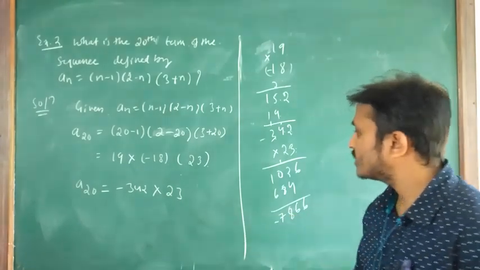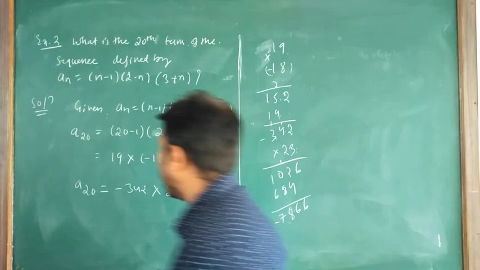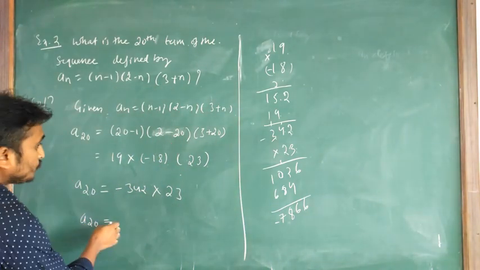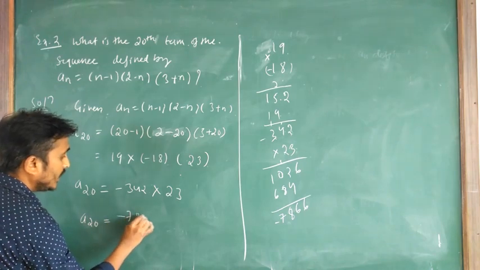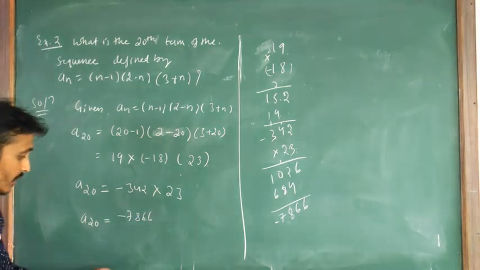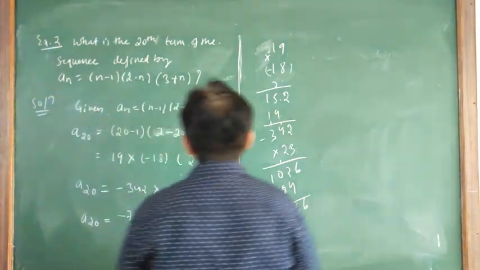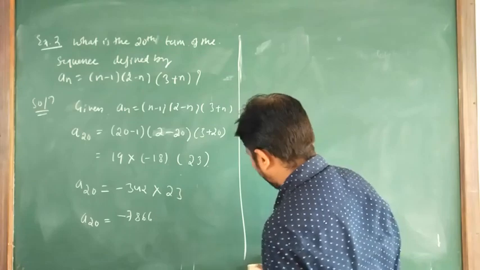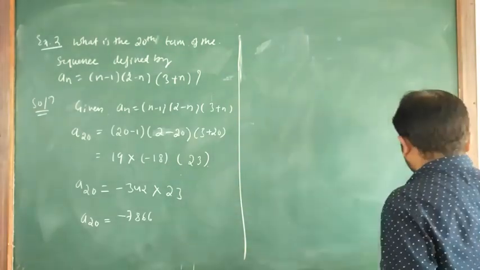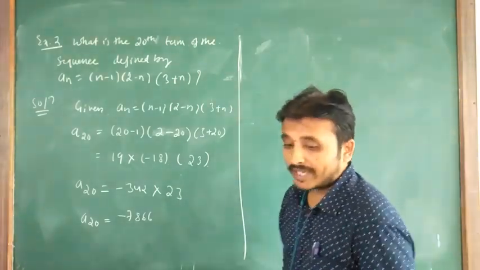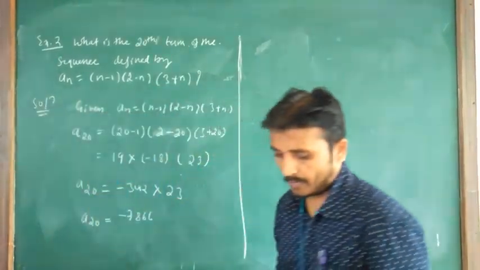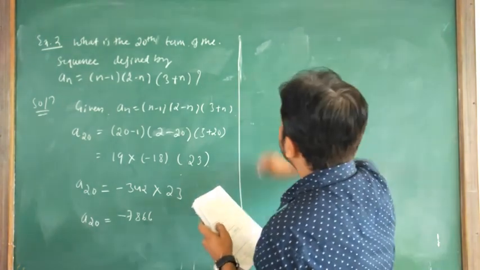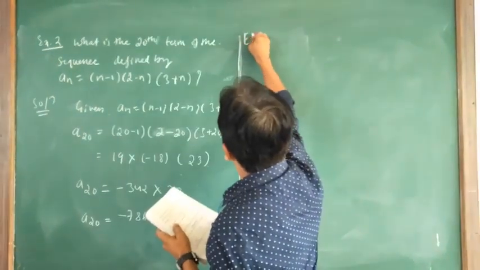This is minus because minus is there. So a20 equals minus 7866 is the answer. This is the 20th term of the given sequence. Next example, example number 3.